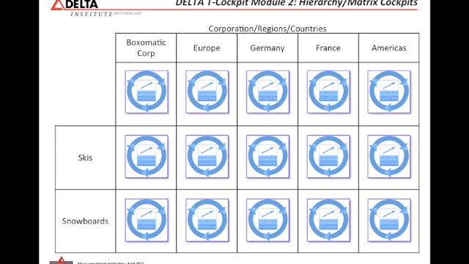Summarizing this in a matrix view, we can see that in this situation where we have the corporation, Europe, Germany, France, and Americas as hierarchy organizations, and skis and snowboards as products, we may have up to 15 operational plans with the related goals, and the goals are linked and the plans are independent.